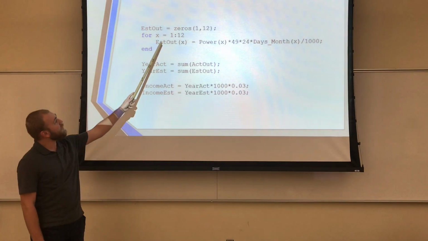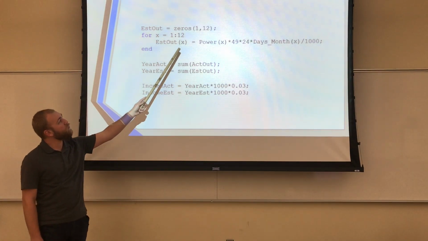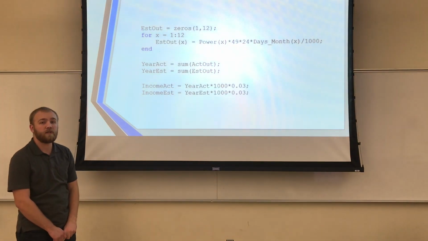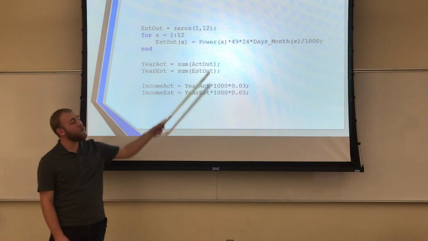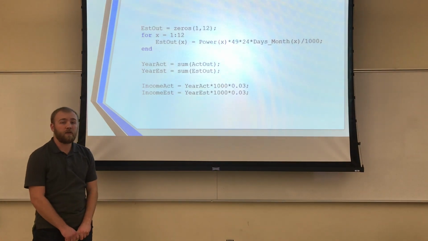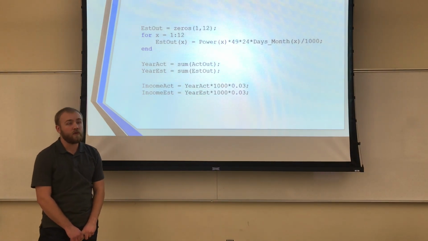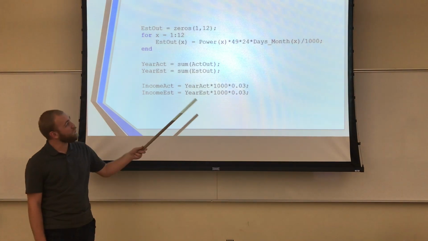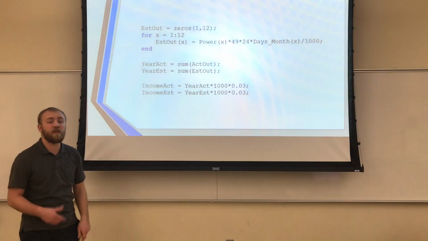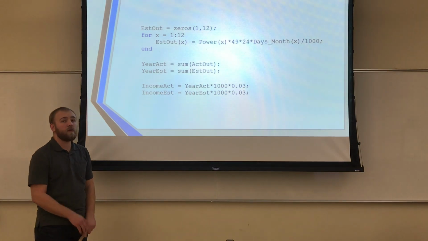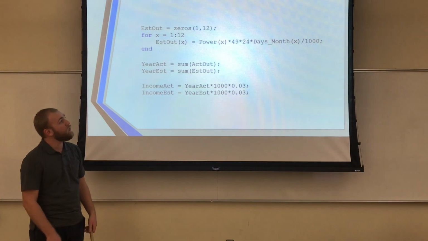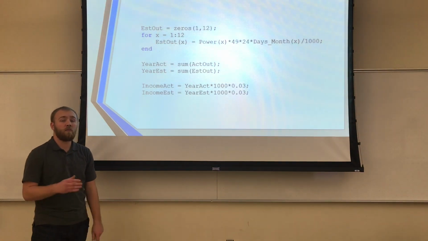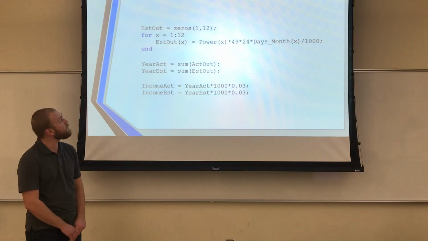With that, it sets the estimated output of each month to the power times 49 for the 49 wind turbines in the farm, times 24 for 24 hours in a day to convert from kilowatts to kilowatt hours, then times the days in the month, which is the array which was shown before, which is the individual days in each month to get the output of the total month, and then at the end divided by 1,000 to get it in megawatt hours instead of kilowatt hours.